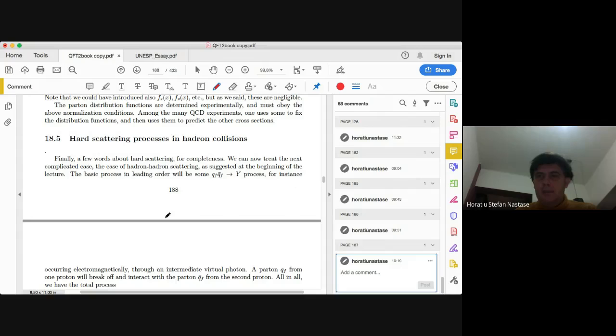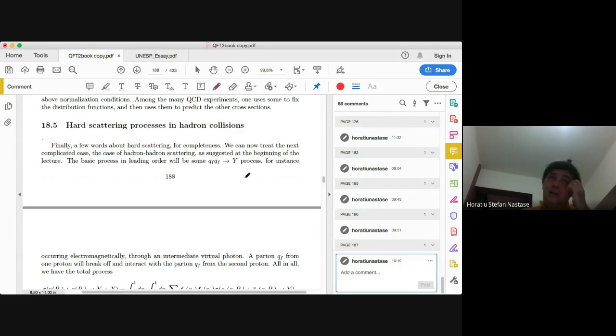So the basic process in the leading order, since our assumption is we have small momentum transfer, which is true at first order, then the partons will be just the quarks, and specifically this would be quark-antiquark, and then the final state for quark-antiquark has to be just a combination of other hadrons.